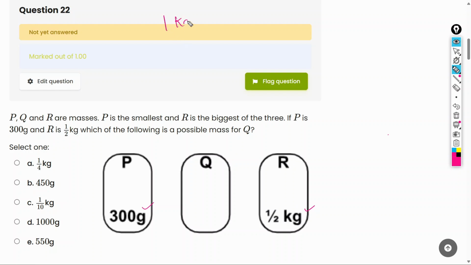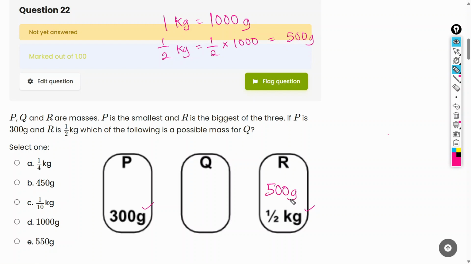1 kilogram is 1,000 grams. So half a kilogram should be half of 1,000. That's the same thing as 1,000 divided by 2. That's 500 grams. So R is 500 grams.